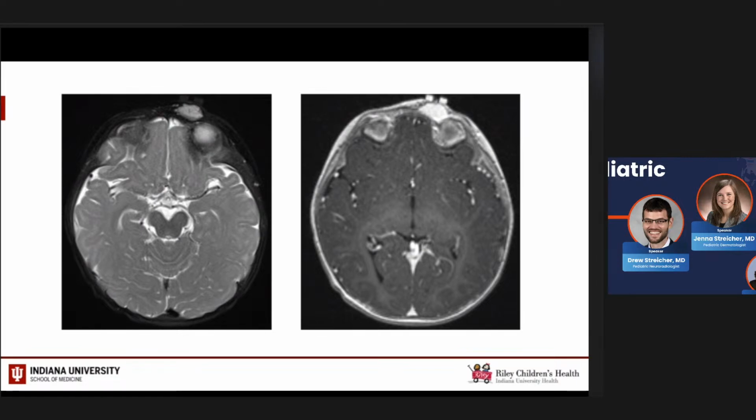You can see internally there's some small foci of low signal that are indicative of flow voids. These are very, very vascular, so we can often see some flow voids in them. And then they enhance very, very avidly. So lobulated T2 hyperintense lesion with avid enhancement in a child of the correct age: infantile hemangioma.